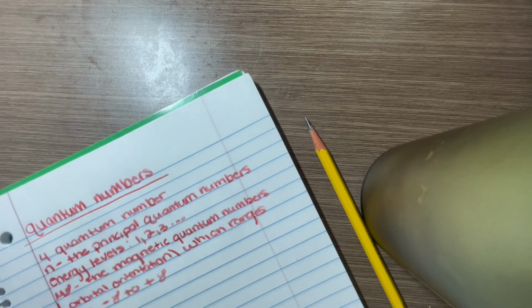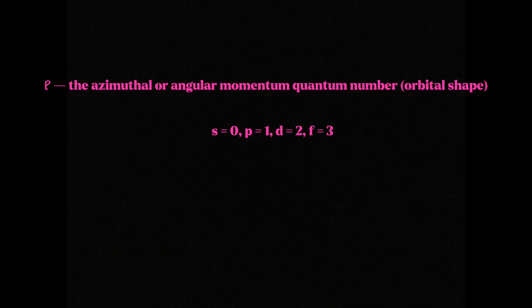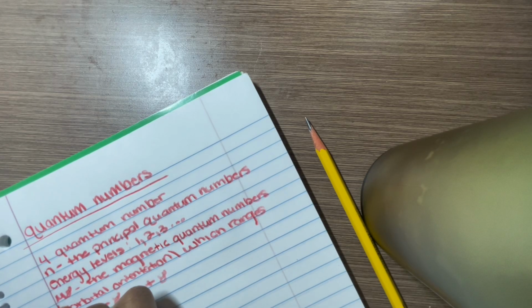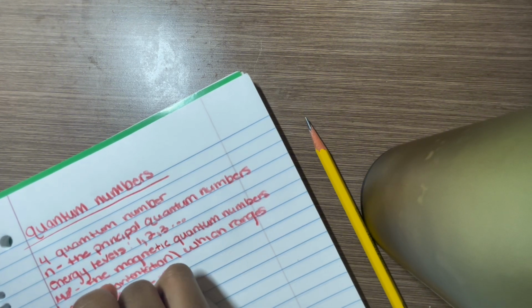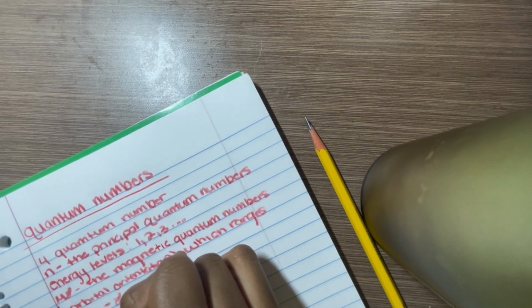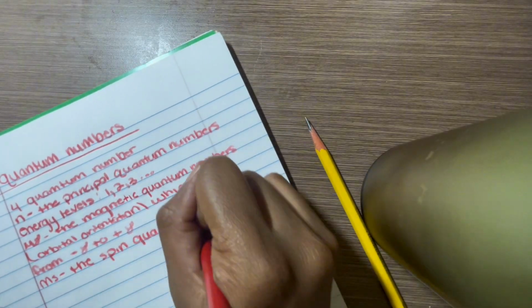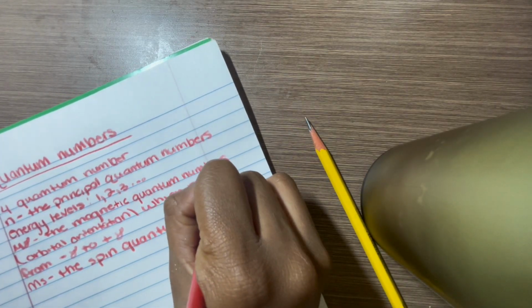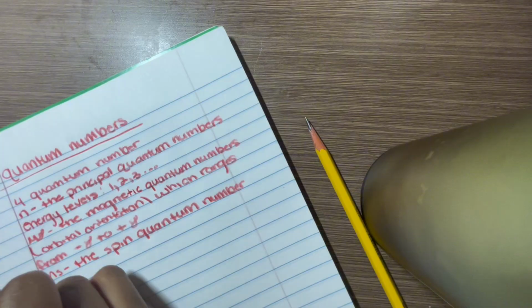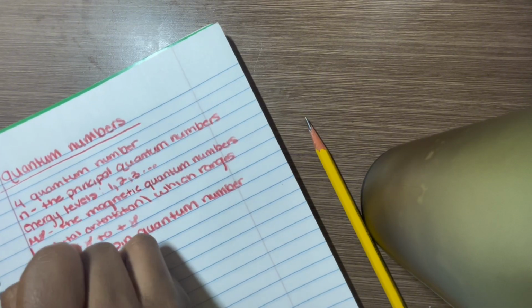There's also another symbol that I forgot, l. It's the angular momentum, and that's the orbital shape. So s equals 0, p equals 1, d equals 2, and f equals 3. And then we have ms, the spin quantum number, which is positive 1/2 or negative 1/2.